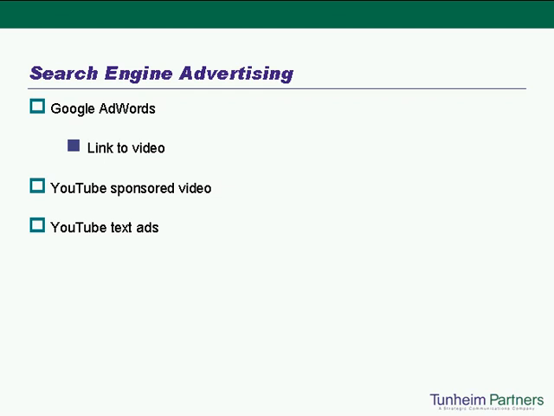And think about search engine advertising as well. Google sells AdWords. It's a proven medium. They've been making a lot of money on it for a long time. So think about buying Google AdWords. The way those work is you pay per click. You bid on search terms, and you create a little text ad. But why not link to a video from that text ad?